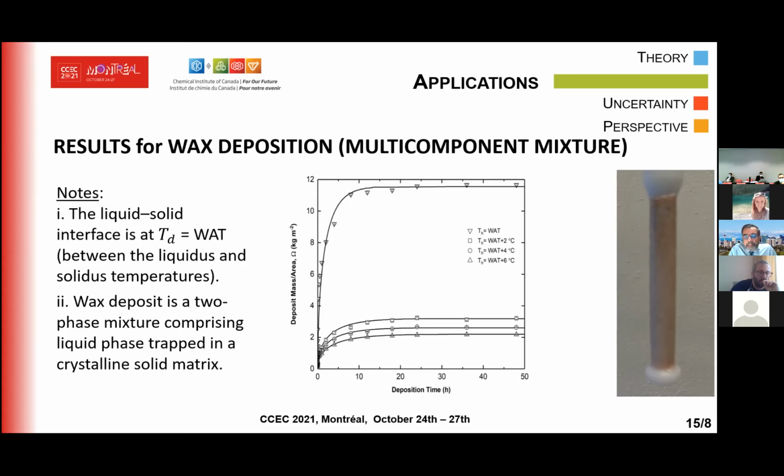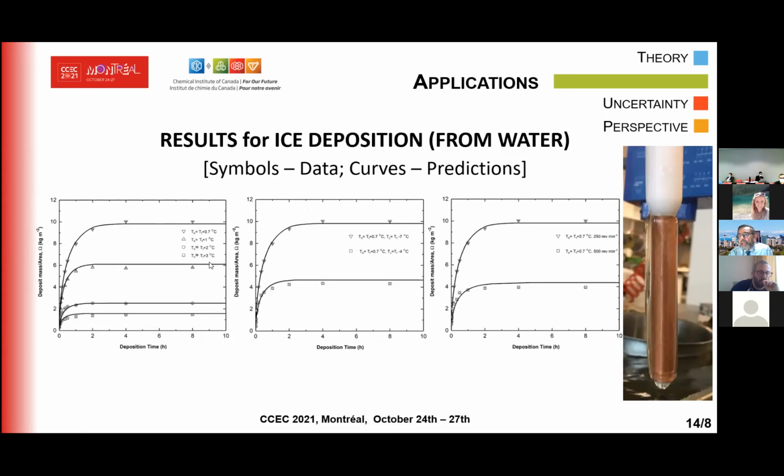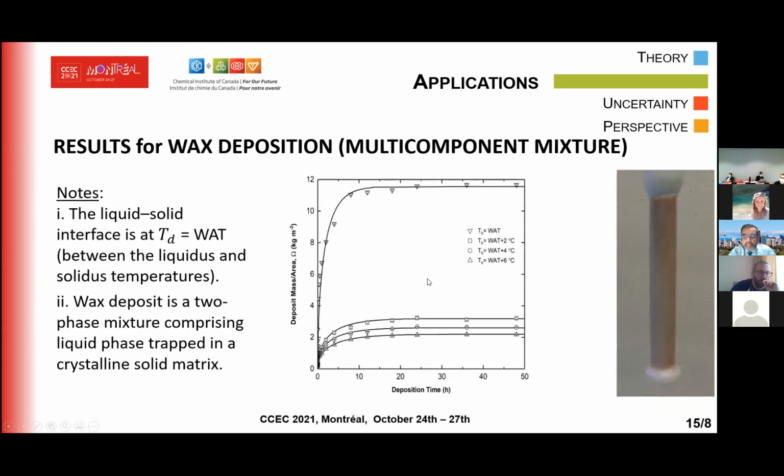And the deposit that you get, and let me, I forgot to highlight this. Let me go back to the previous slide. Okay, so if you look at the picture on the right-hand side, it shows you ice deposited on the cold finger, okay? And this ice is quite transparent, okay? Let me go to the next one.